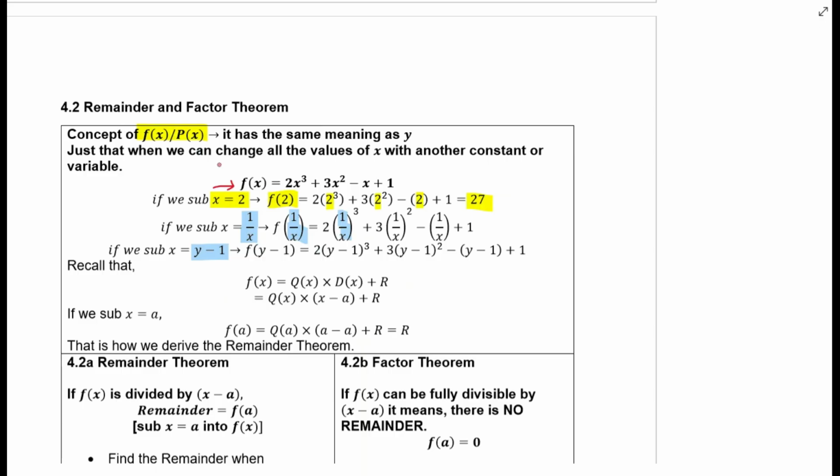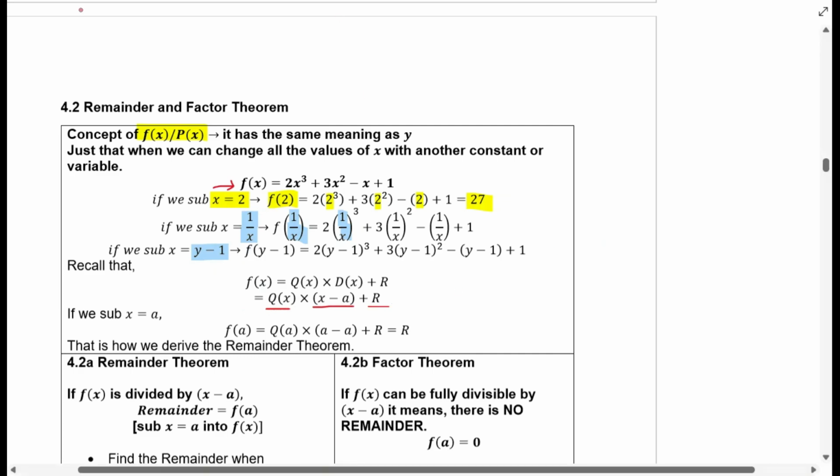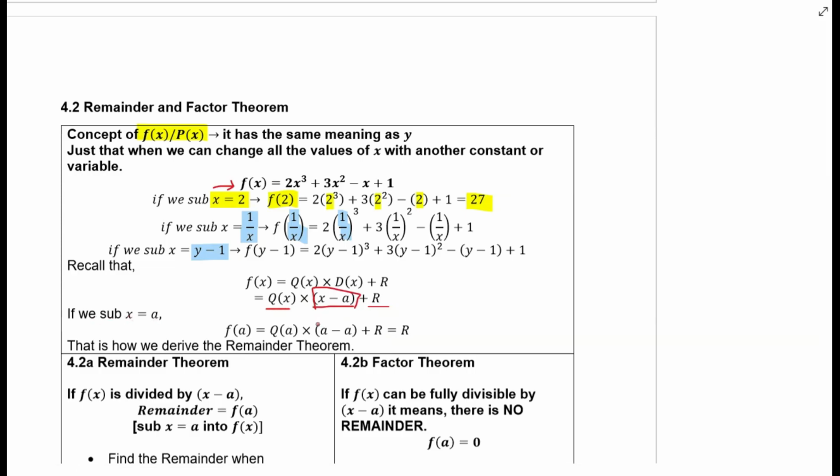So from the previous section, we can recall that our polynomial can be expressed as a product of the quotient and divisor plus our remainder. So let's say our divisor is x minus a. If we substitute x equals to a, you can recall that we are making this portion equal to 0.